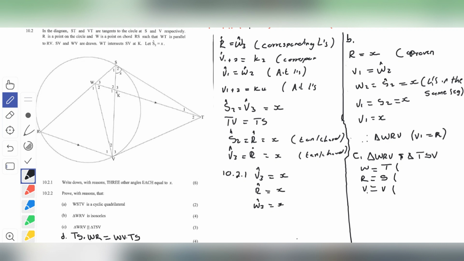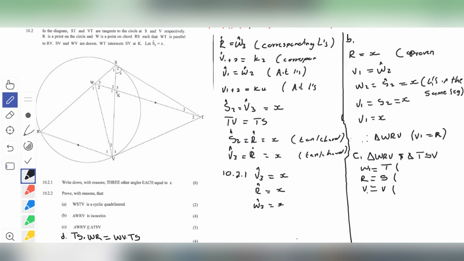So W, now you check, W is equal to T. Remember it's not W only, guys. You check W R V, right? It means it's W1. Don't forget to write this. What about T? T is in TSV, meaning with the whole of T, it's fine. What about R?